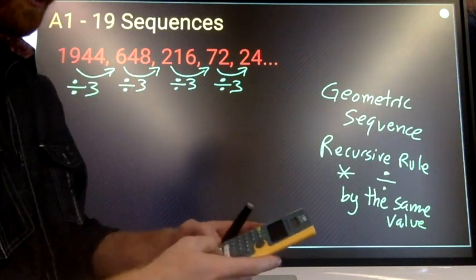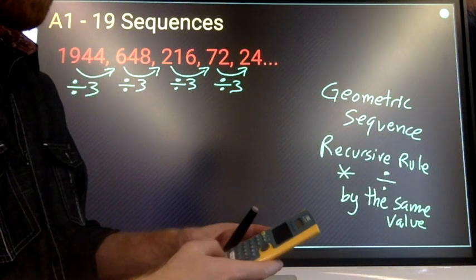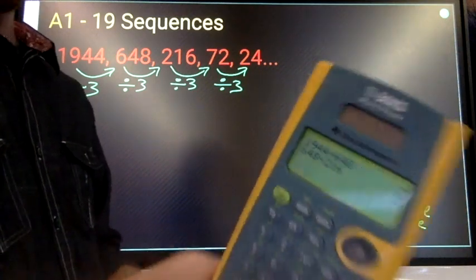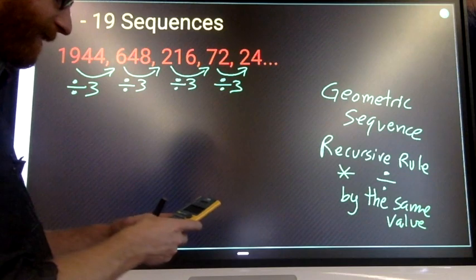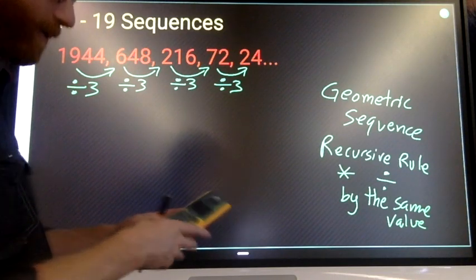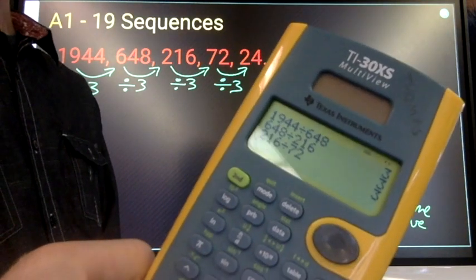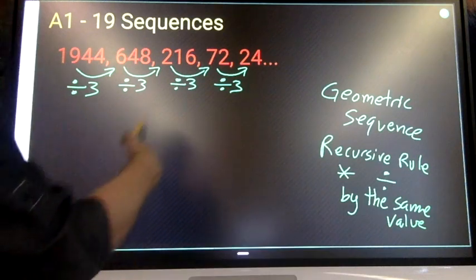And if I do 648 divided by 216, I also get 3. And if I do 216 divided by 72, I also get 3. All right, that lets me know I'm dealing with a geometric sequence.